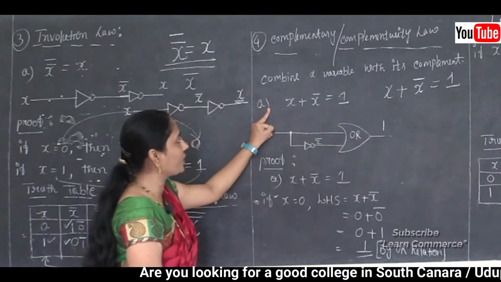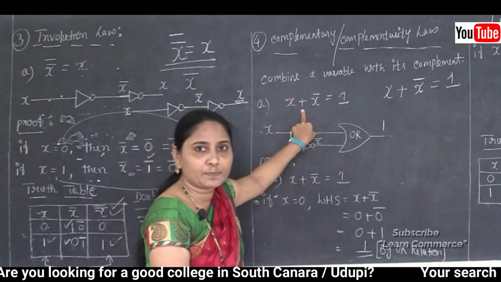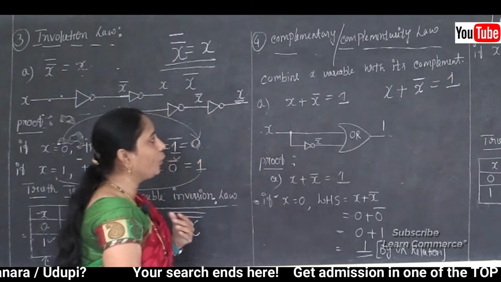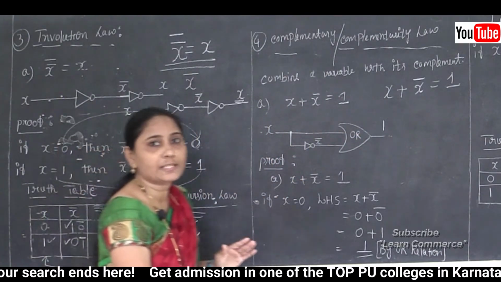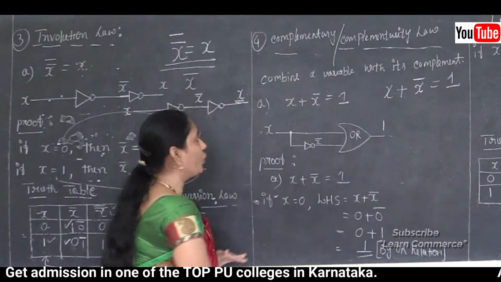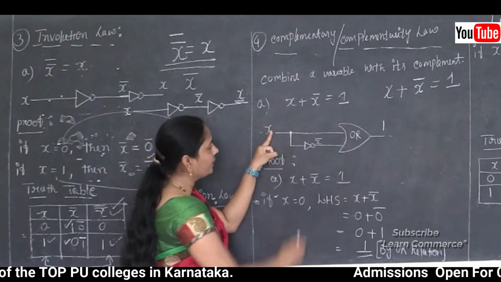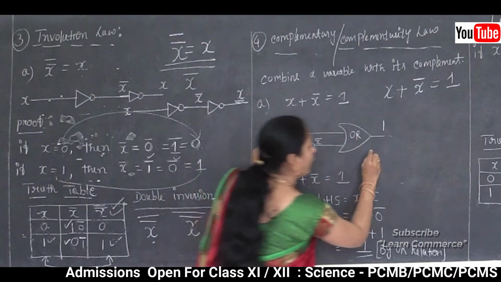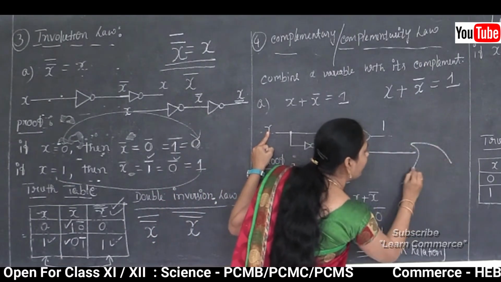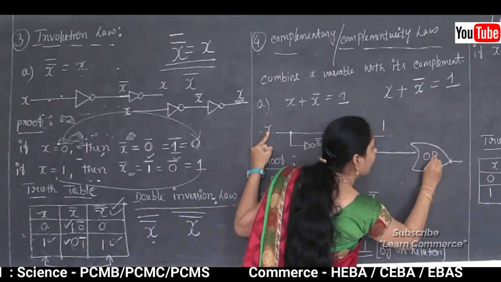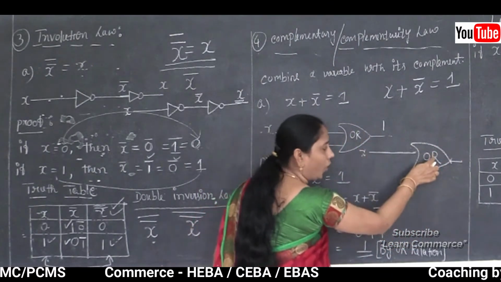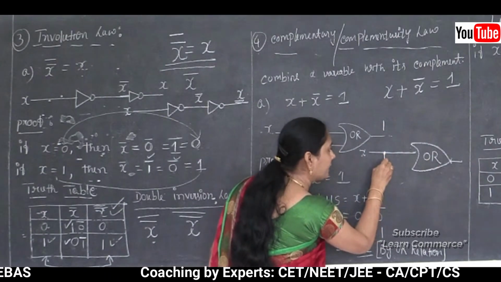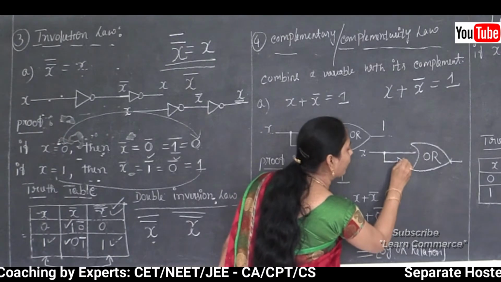Now let's take the first law, x plus complement of x is equal to 1. Before going to prove, let's see the symbol of x plus complement of x is equal to 1. So x OR, that is plus, again x NOT.